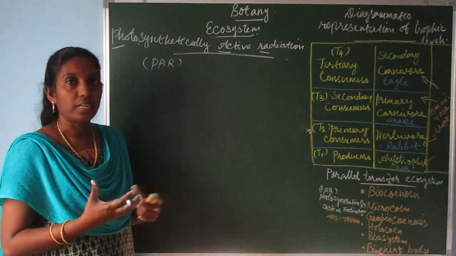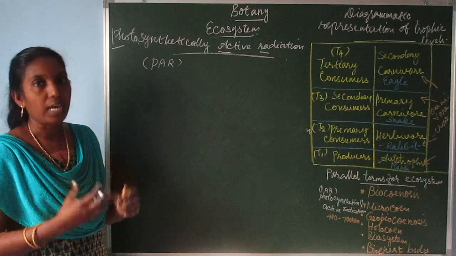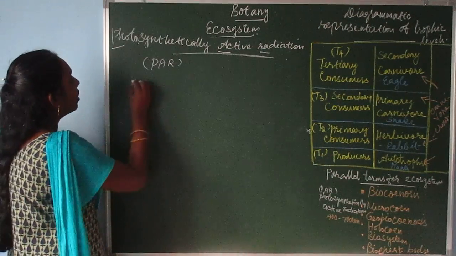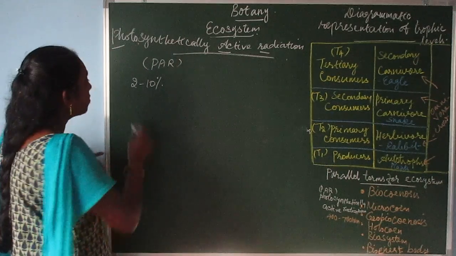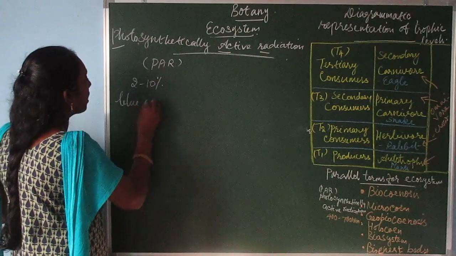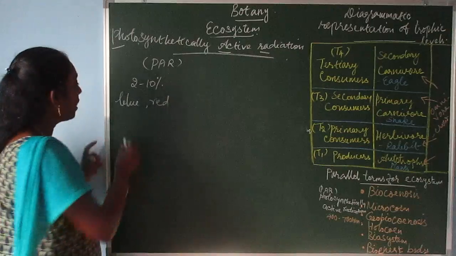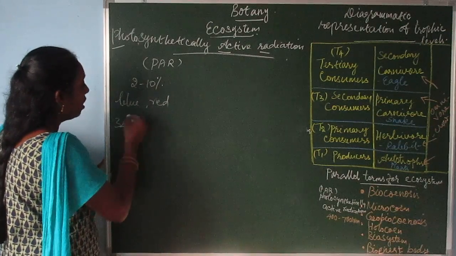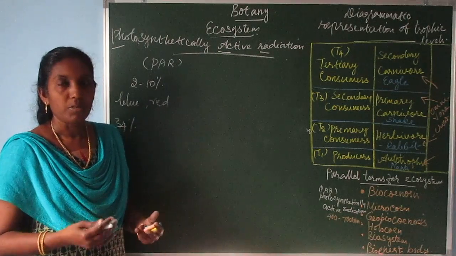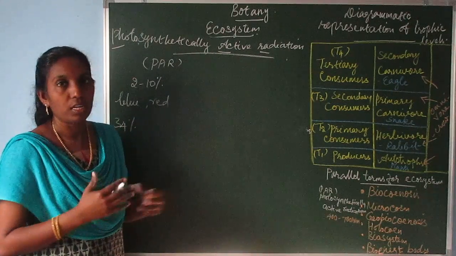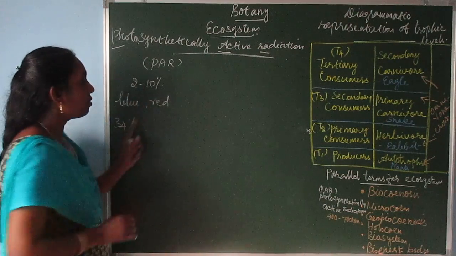For the photosynthetic reaction, plants take a certain percentage of light energy. They take only 2 to 10% of light, which is absorbed mainly in the blue as well as the red spectrum. Of the light from the sun, 34% is reflected back by the atmosphere, and 2 to 10% is utilized.